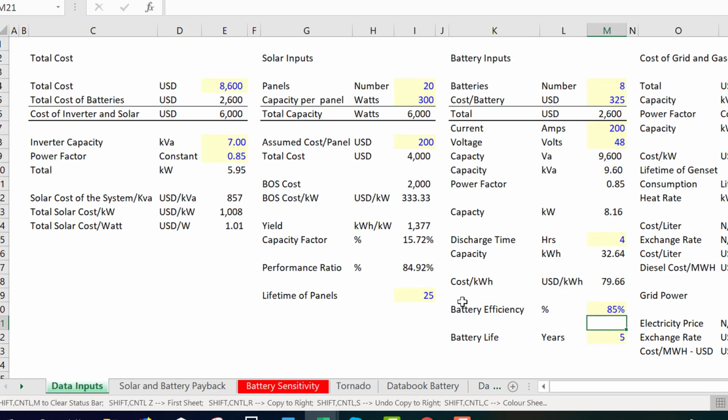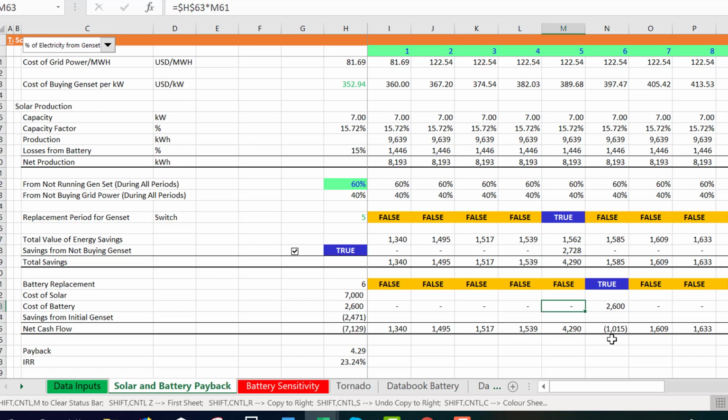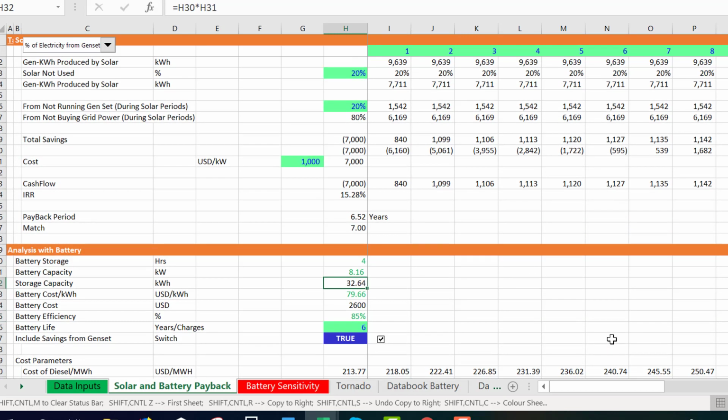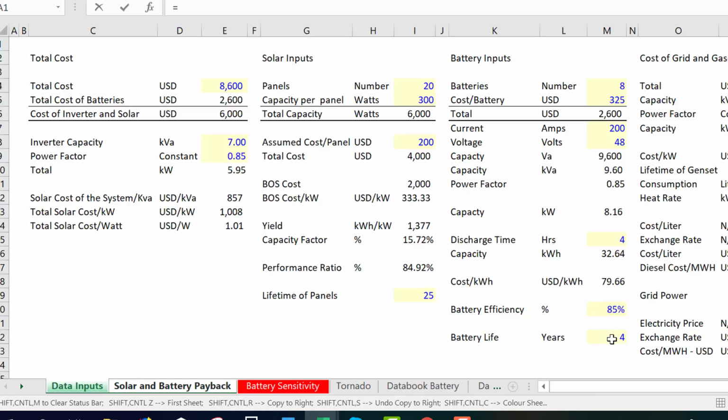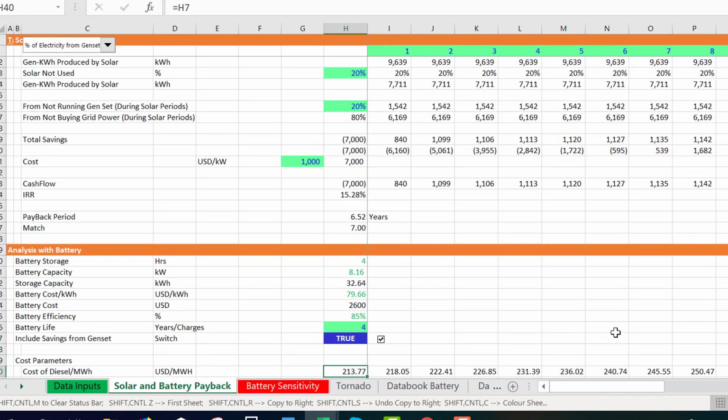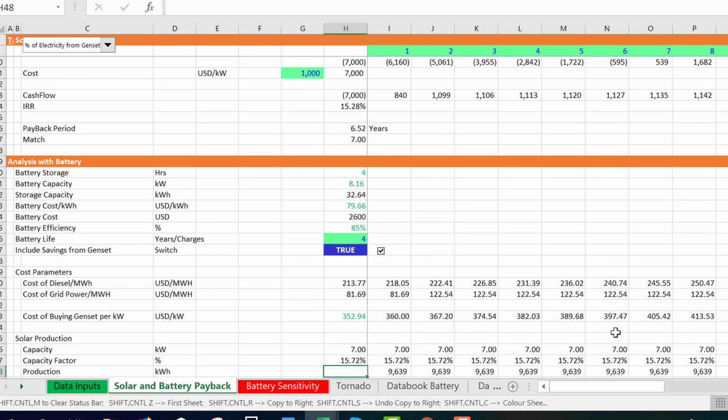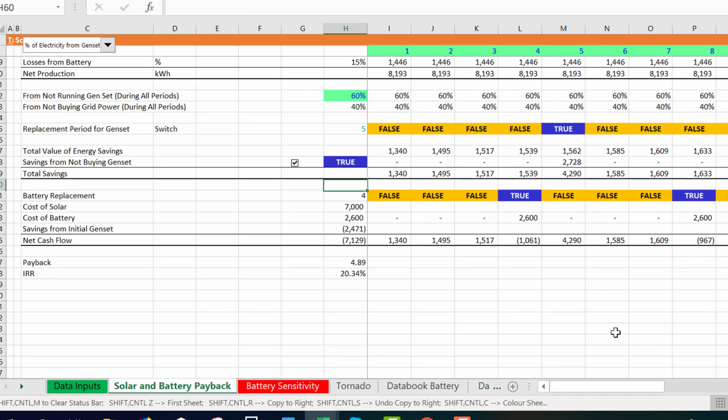Let's put the battery. Maybe we'll make it a more conservative case. We have to replace it every 4 years. Maybe that's more realistic. Okay, and H36. And that was a silly input, and I always go the wrong way here, and we should put all our inputs here. Okay, that was a little bit bad, and then we can see what happens now.